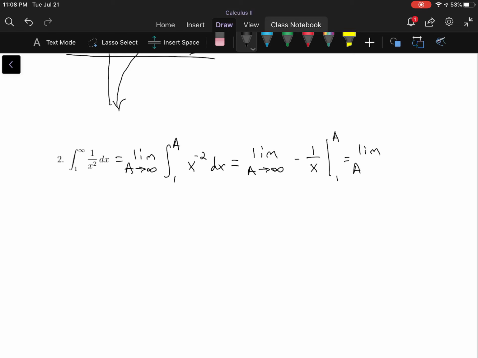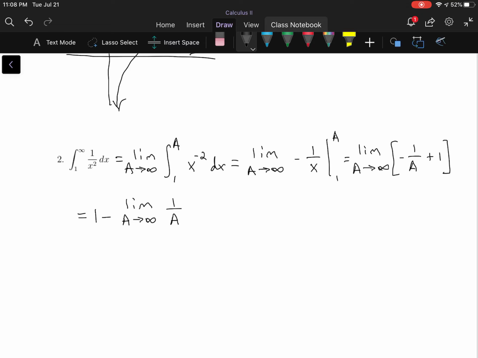And this is the limit as a goes to infinity of negative 1 over a minus a negative 1, which is going to be plus 1. And when you distribute the limit, the limit of 1 is a constant, so that's just going to be 1. So this is equivalent to 1 minus the limit as a goes to infinity of 1 over a.